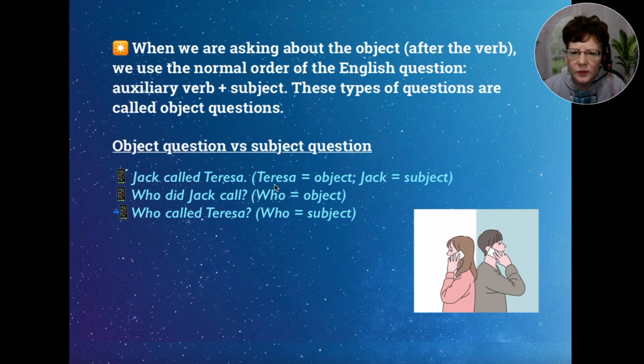Teresa is the object and Jack is the subject. In this one, who did Jack call? Who is the object, so this is an object question. And for this one, who called Teresa? Who is asking about the subject, so that's a subject question.